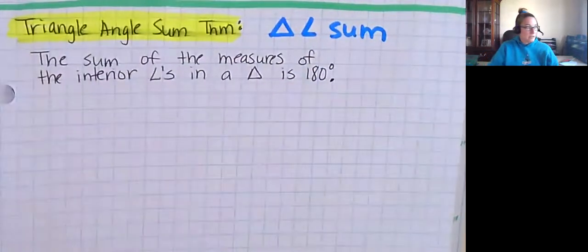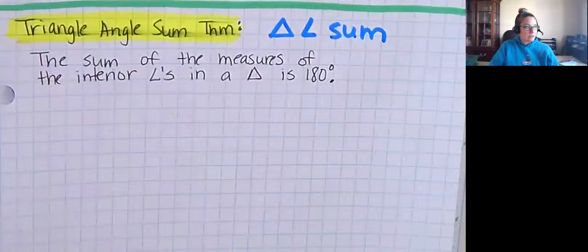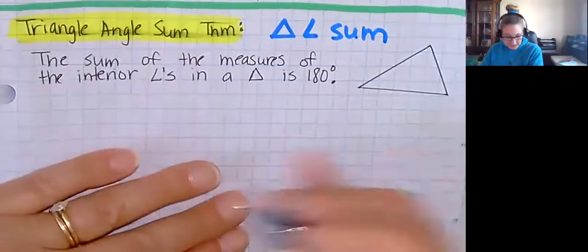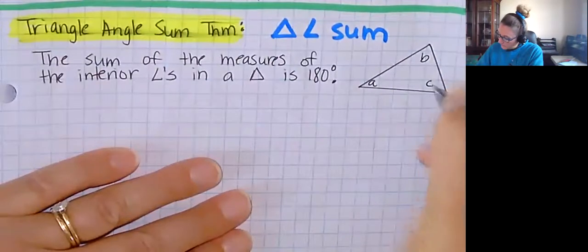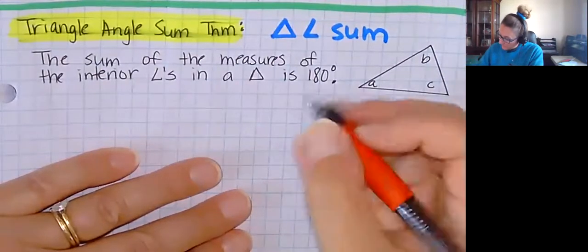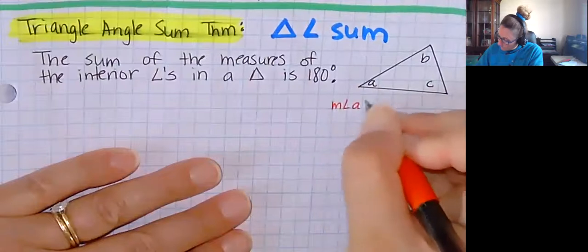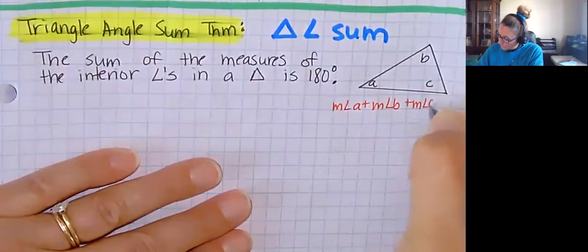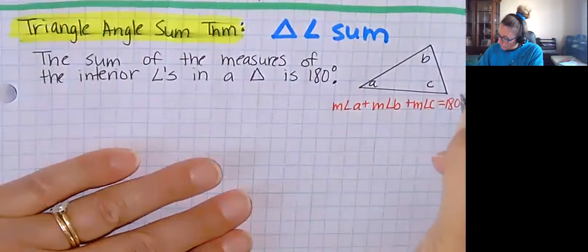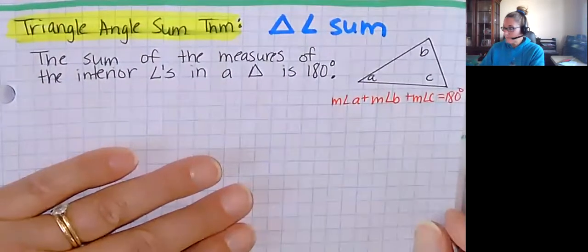Okay, and I'm going to draw a picture of that. So let's say I've got a triangle and I've got angle A, angle B, angle C. Then the measure of angle A plus the measure of angle B plus the measure of angle C equals 180 degrees. Okay.